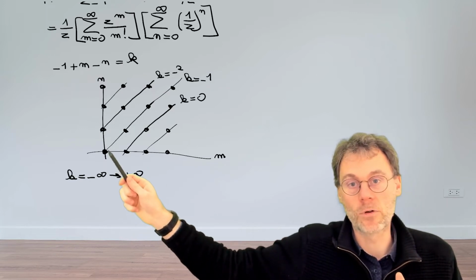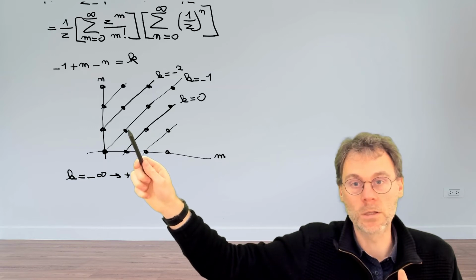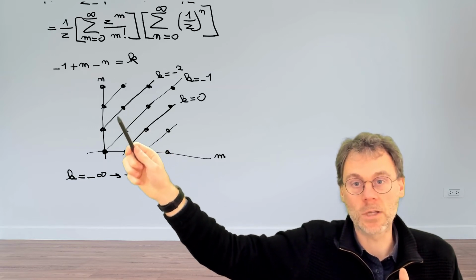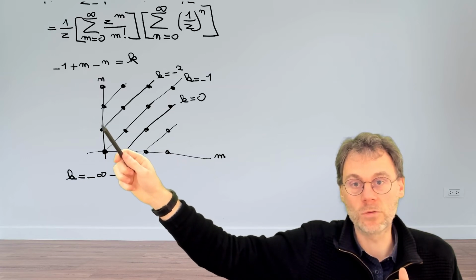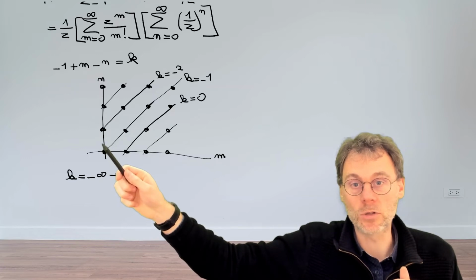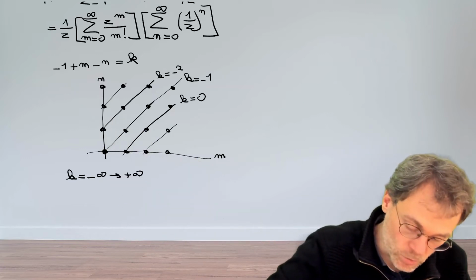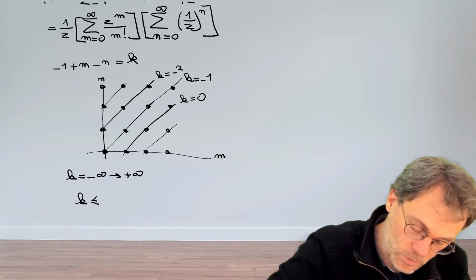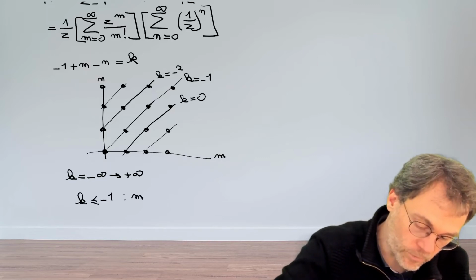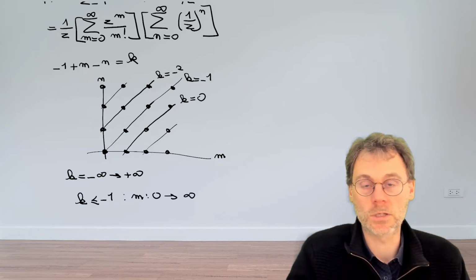Because if we're looking, for example, at this line over here, where k is equal to minus 1, or also for lower values of k, it turns out that the smallest value of m that you need to take into account is always on this line here. So the smallest value is always equal to 0. So as soon as k is smaller than or equal to minus 1, our summation for m starts at 0 and runs all the way towards infinity.